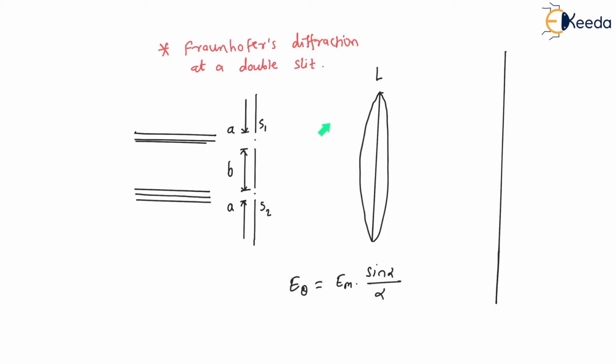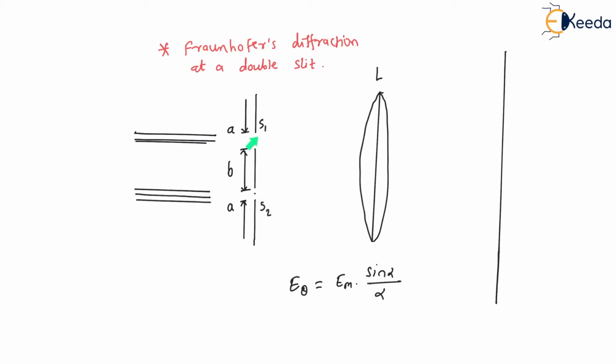from this slit S1. Whatever disturbance is produced on the screen due to all the wavelets starting from S1, I will replace all those waves by a single wave which starts from the midpoint of slit S1.